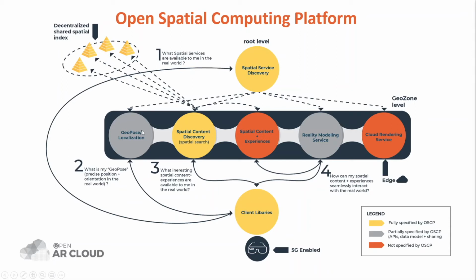Among these services, there can be localization services, content discovery services, and many other kinds of services. So the client first goes to the first available localization service. It determines its own pose, and then with the known pose, it goes to the content services and searches for content based on users' preferences.